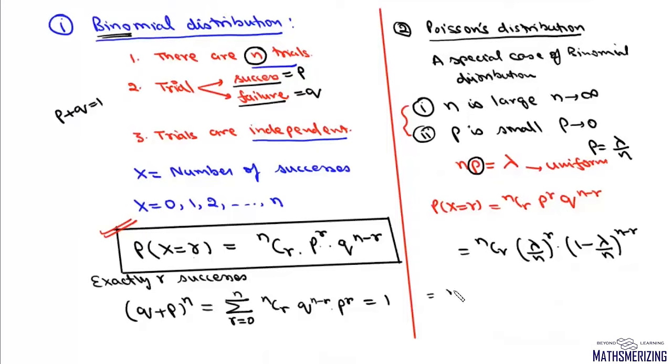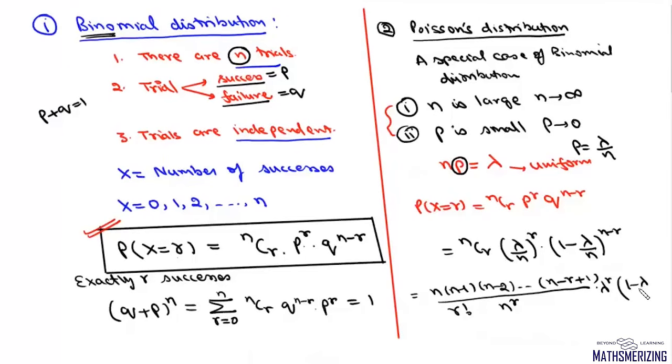Now we'll write this as n into n minus 1, n minus 2 up to n minus r plus 1, and here we'll have factorial r, and we'll take this n to the power r here, and then we'll have lambda to the power r, and 1 minus lambda upon n to the power n minus r.